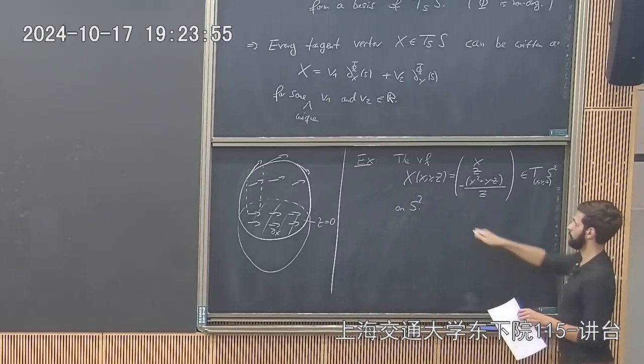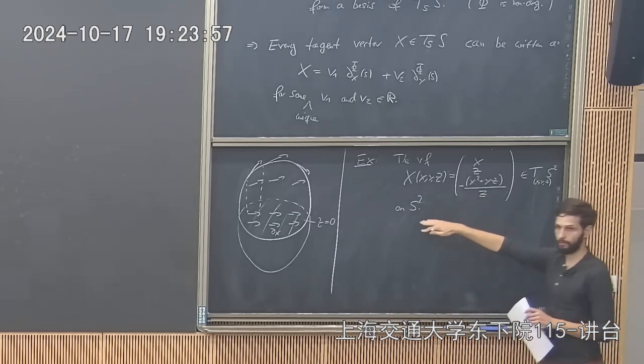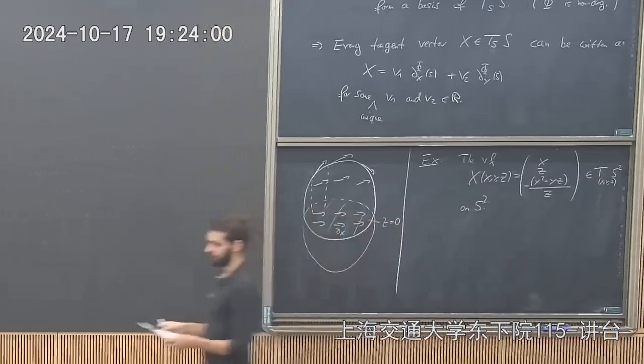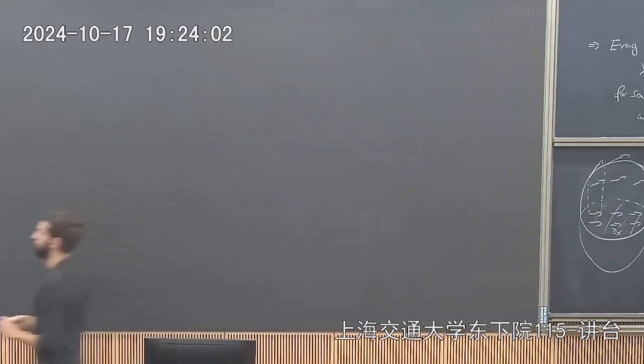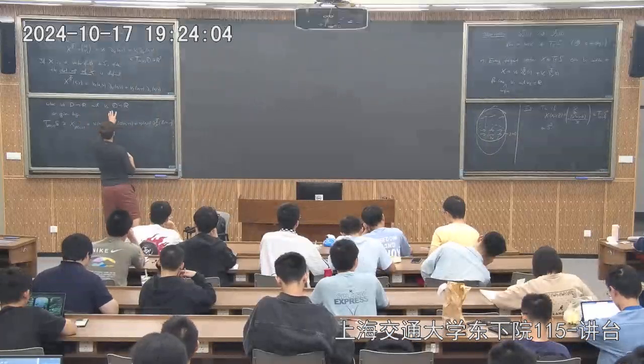And we would like to say, what is now the chart representation of that vector field? So we would like to find this v1 and this v2.